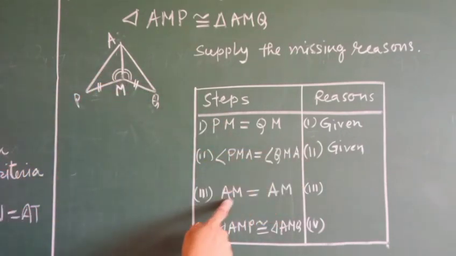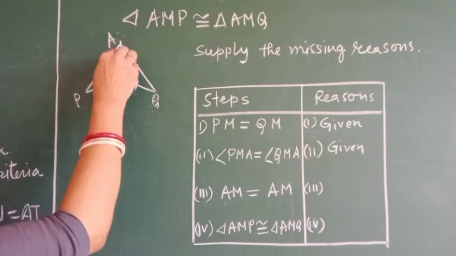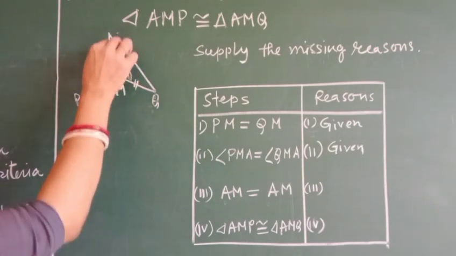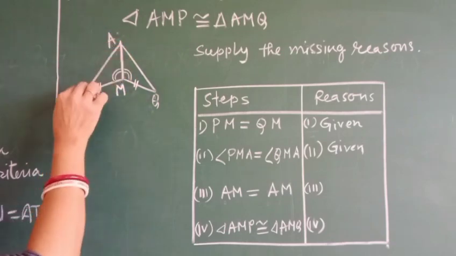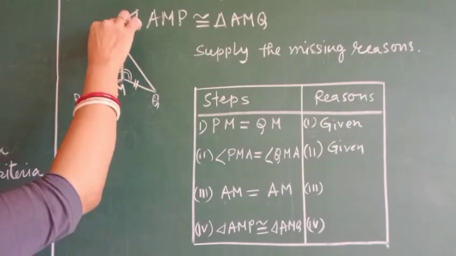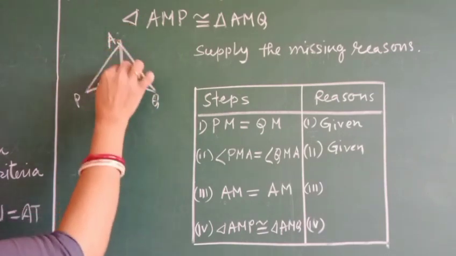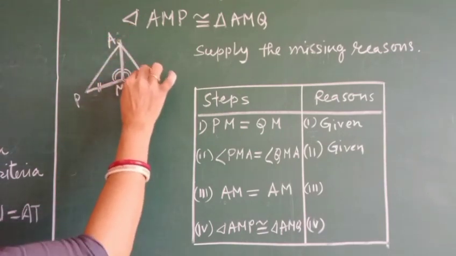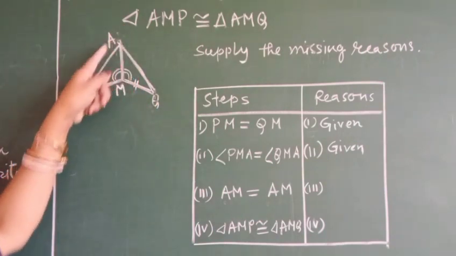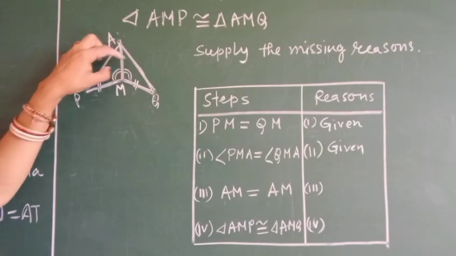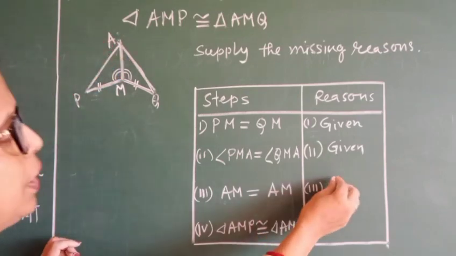And AM is equal to AM. Check, students, AM is a common side of the triangles: triangle AMP is standing on this side and triangle AMQ is also standing on this side, so AM is common to both triangles. So you have to write here it is common.